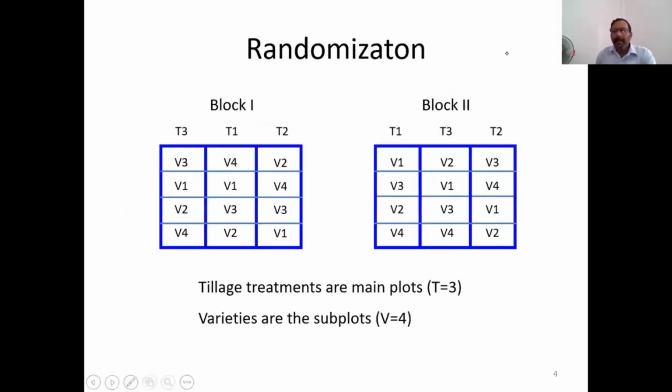This is the problem I mentioned. Here we have tillage, 3 factors: tillage, that is a main effect; the other one is varieties; the third one is tillage into varieties.